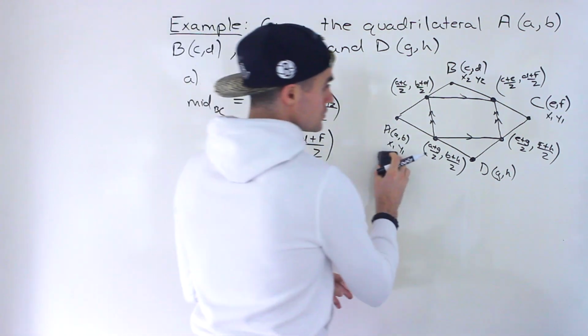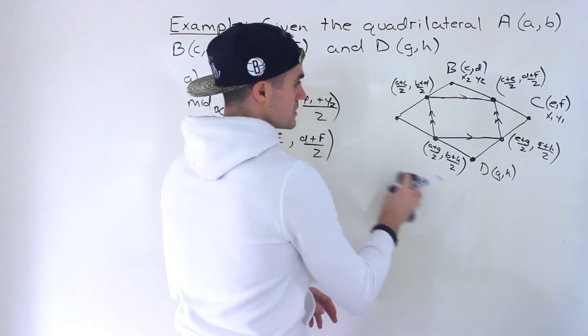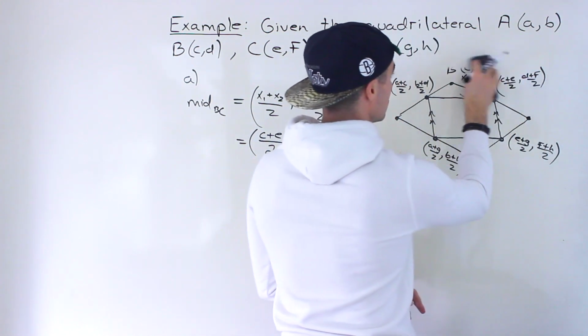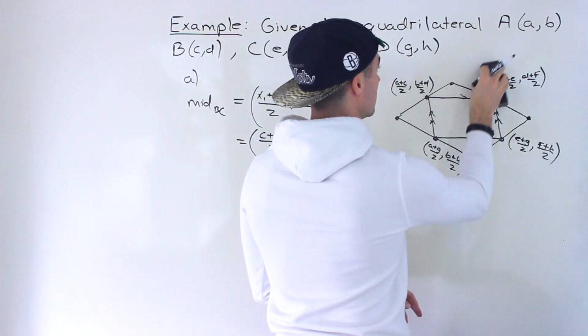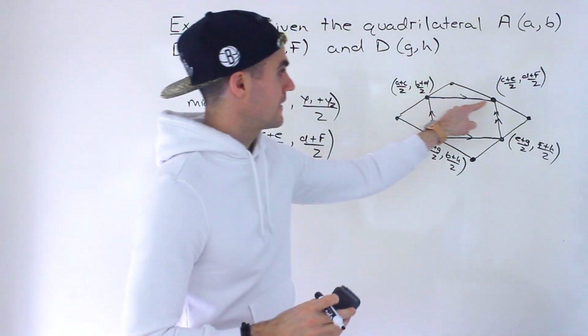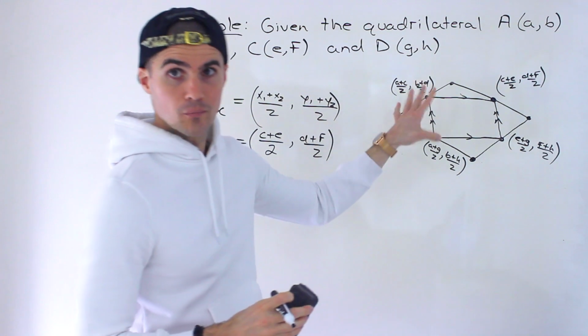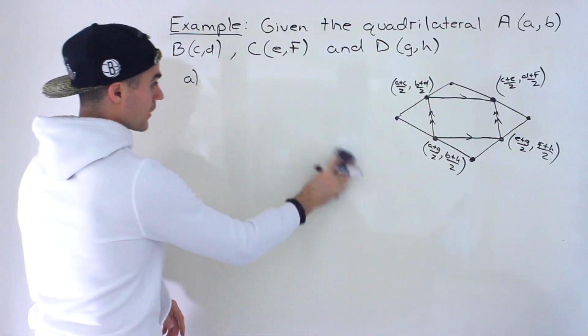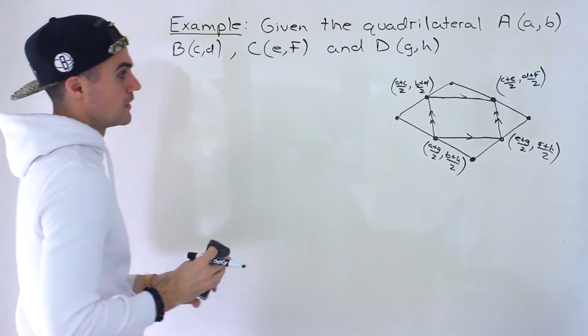So what I'm actually going to do is erase these other points here. We're not going to need them anymore, just to have a little bit less going on the board. So we're just looking at this quadrilateral now that's formed by the midpoints, and as we know, that's always going to form a parallelogram. It's just that we have to verify it now.